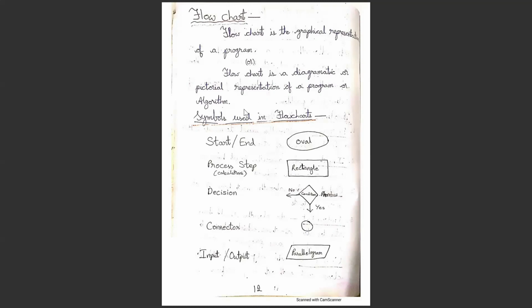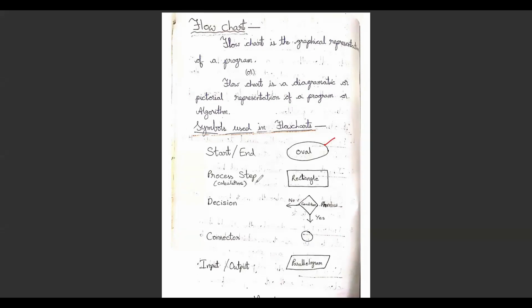This is your start symbol, which is an oval. Start and end symbols will be in oval shape. Then you have the process step, for when you want to perform some calculations, like C equals A plus B. For that you use a rectangle. Then decision: a decision is nothing but a branching statement, and it can be given in terms of a rhombus or a diamond.